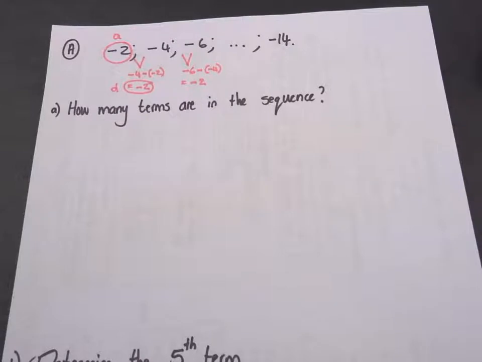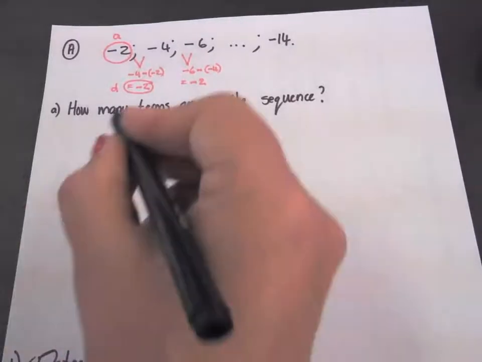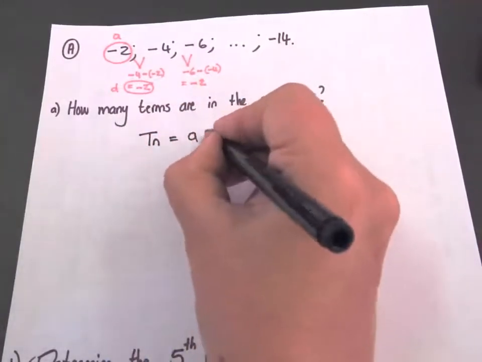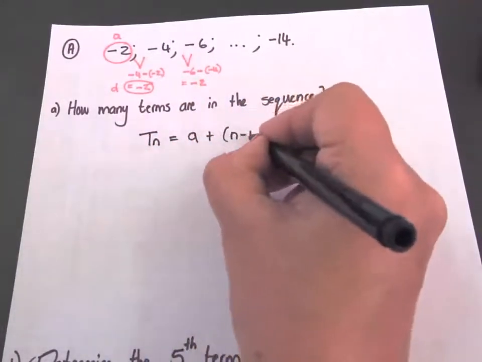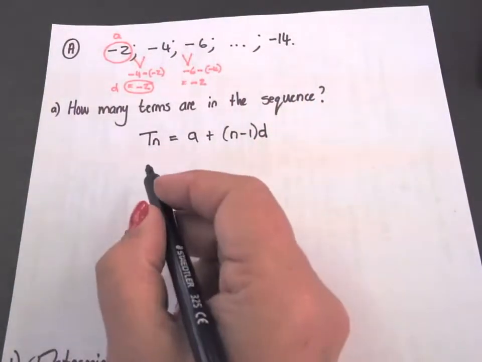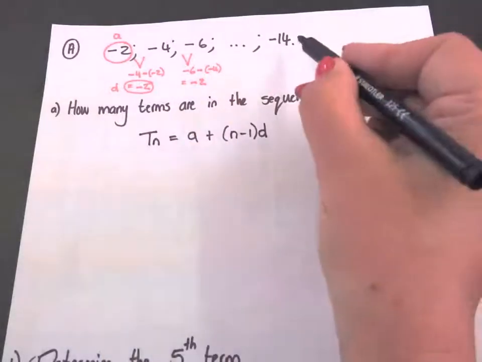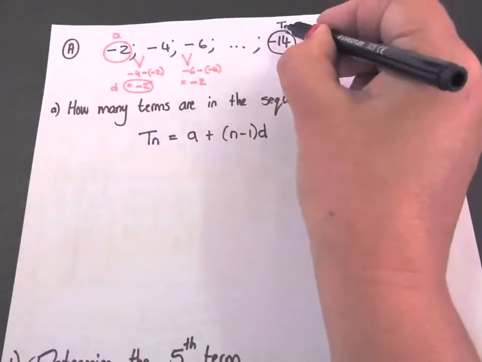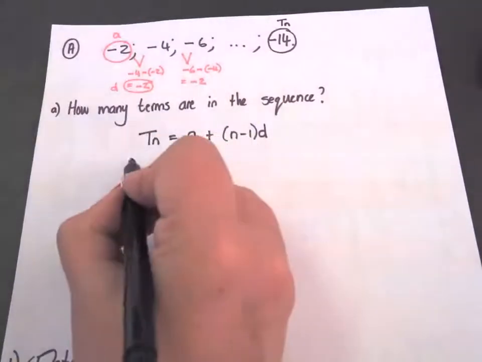How many terms are in the sequence? We always start with the general term formula. Tn equals A plus n minus 1 times D. Term n is our last term. So this is the value of term n, and we can put it in here.